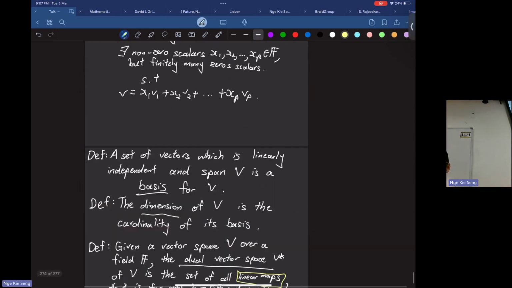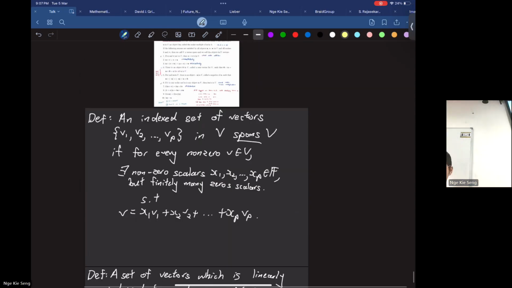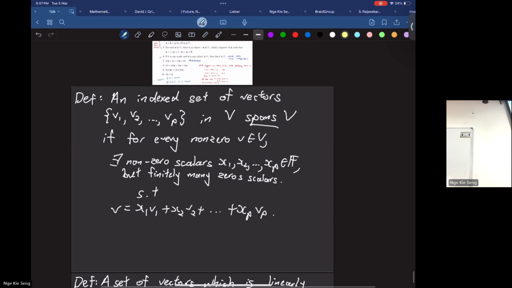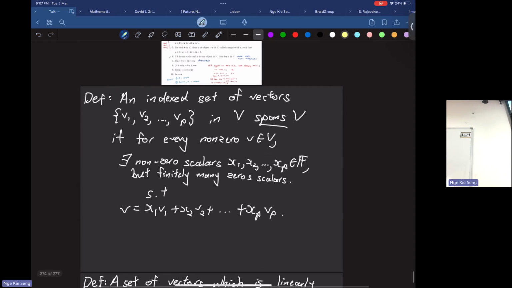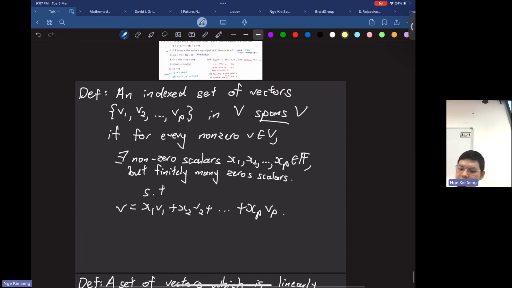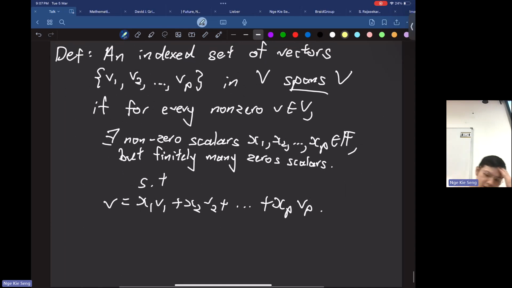Yeah, the span definition. Okay, I'm not sure I phrased this correctly.